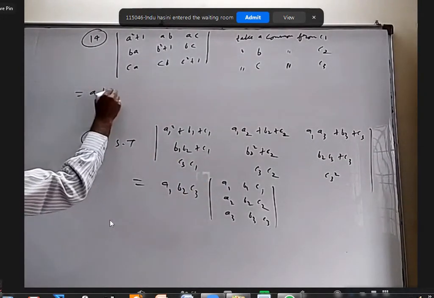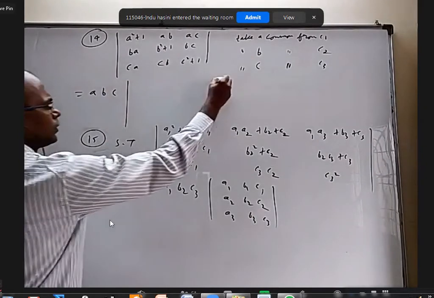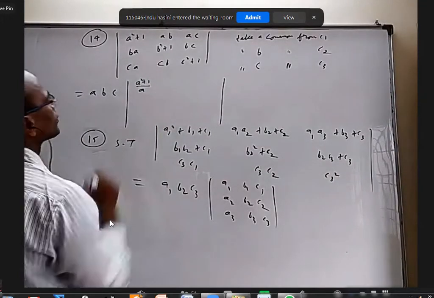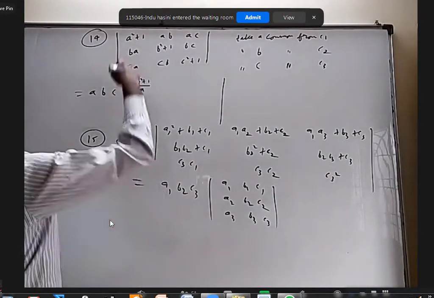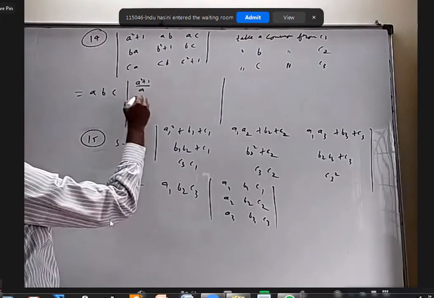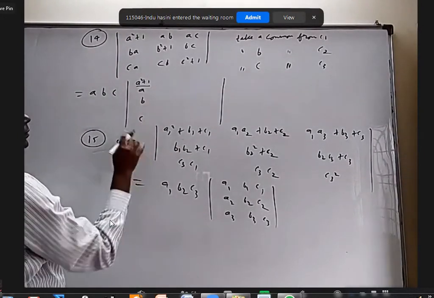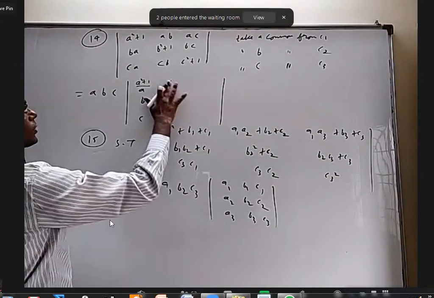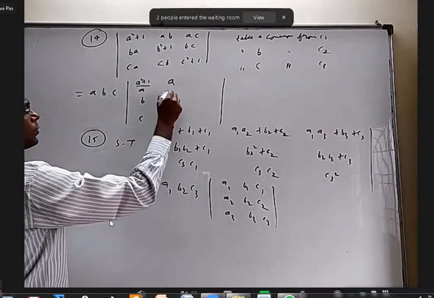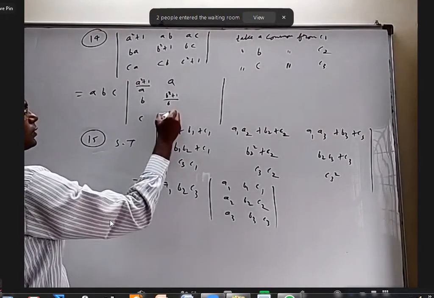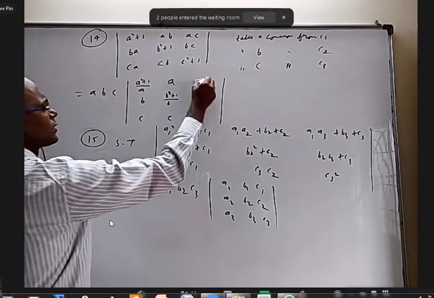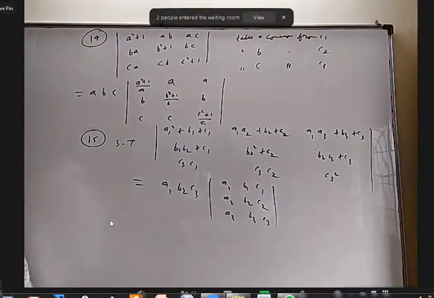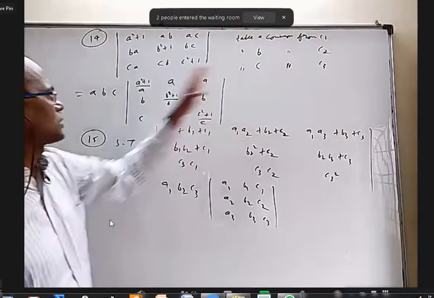Then it will become A, B, C, with A square plus 1 by A here, taking A common; here B, taking B common, so here A, here B square plus 1 by B; here C, here A, here B, here C square plus 1 by C. So this is the original question.